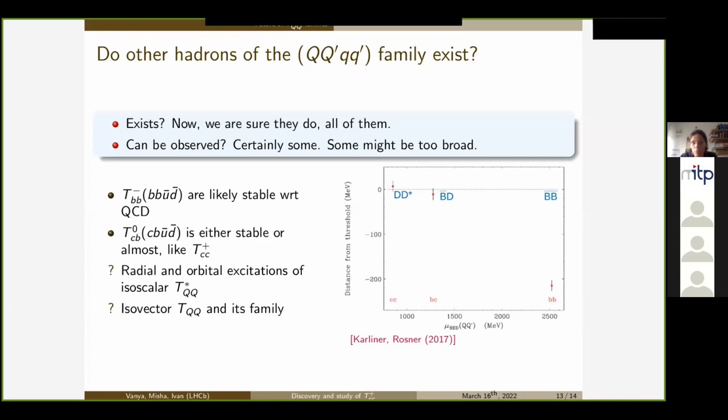I know for the doubly bottom the prospects are really not good, but for bottom charm baryons, they have not been discovered yet, but I think there is still a chance that they will be discovered if you combine several channels in run 1 and run 2, and I think they will certainly be discovered once you start run 3. And then for this tetraquark, I think you have some not big chance, but some reasonable chance if you combine several modes. If you combine 10 modes, then it might be possible, but it's quite a challenge.